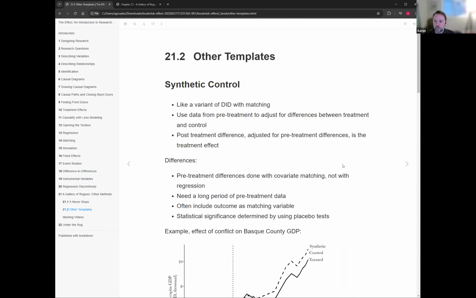The idea is you look at the pre-treatment period, and then you make adjustments between the treated and untreated populations using covariate matching. Once you've controlled for pre-treatment differences, you look at the post-treatment outcome, how things are playing out, and measure the significance of the effect from there.